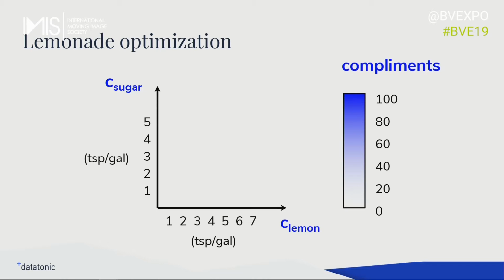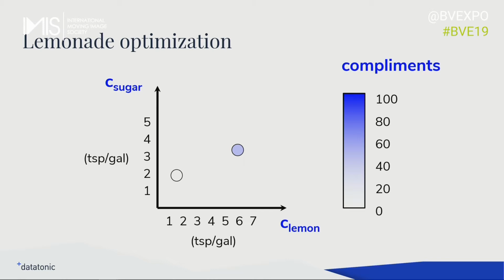And what we're going to do is, every time we go forward through that model, we're going to measure how many compliments we get. So with this experiment, we take the lemonade to the garden party, and we get something like 60 compliments. So it's okay lemonade. But can we do better? Well, we try again. That didn't work so well.